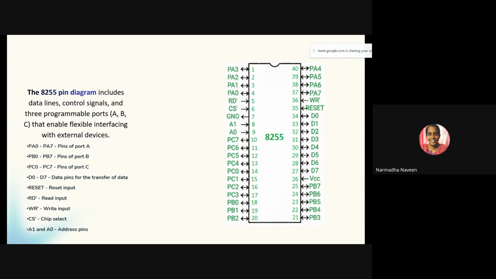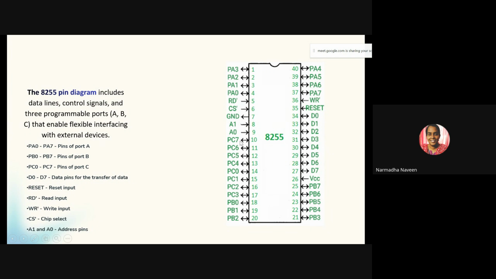And this is the pin diagram, which includes PA0 to PA7, that is PA0, 1, 2, 3, 4, 5, 6, 7, and these are the pins of port A. You can see PB0, 1, 2, 3, 4, 5, 6, and 7, and these are the pins of port B. The 8 pins of port C are here, PC0, 1, 2, 3, 4, 5, 6, and 7.